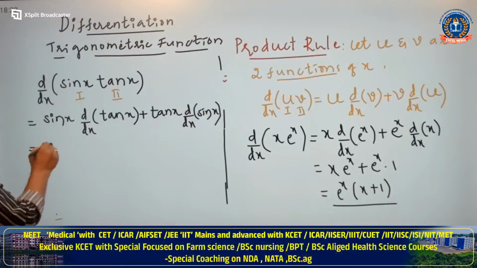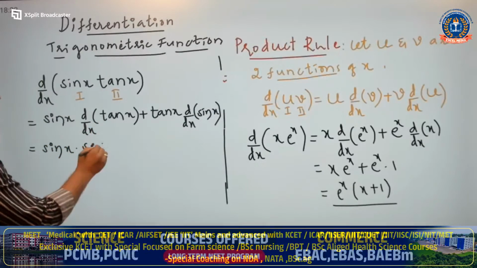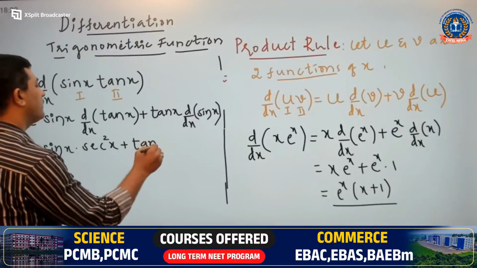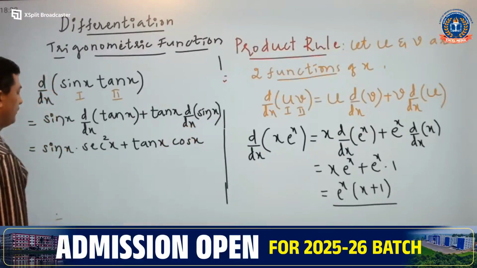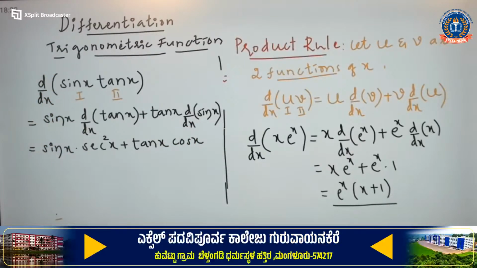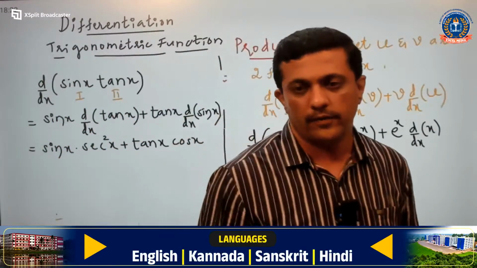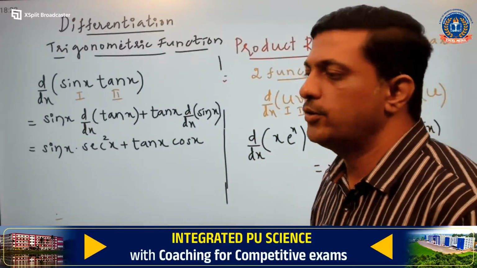Sin x as it is, derivative of tan x is secant square x, plus tan x as it is, derivative of sin x is cos x. Right. This is the answer. If simplification is possible you can do it, or else if no simplification is possible, then you can leave it at this much only. It's sin x into secant square x plus tan x into cos x.